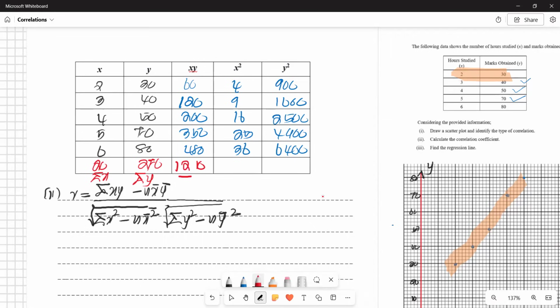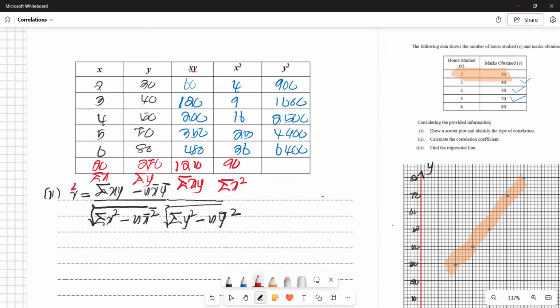This is sigma xy, 1210. Next one: 4, 9, 16, 25, 36 gives 90. This is sigma x squared.